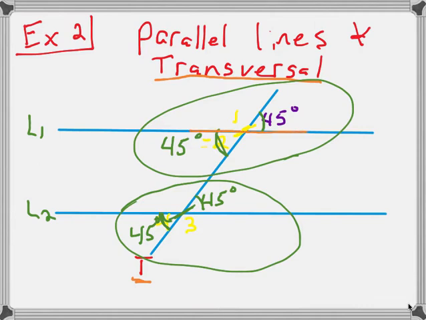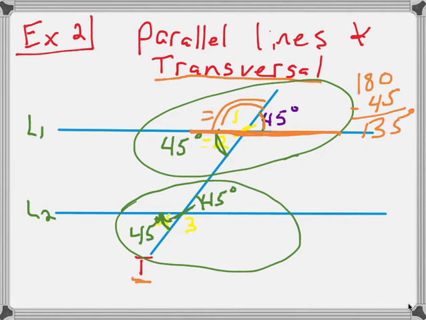Well, there's that straight line right there. So I'm thinking this 45 degree angle plus angle 1 is going to form a straight line. So I'm going to come over to the side and write 180 minus 45. That equals 135 degrees. So angle 1 is 135 degrees.